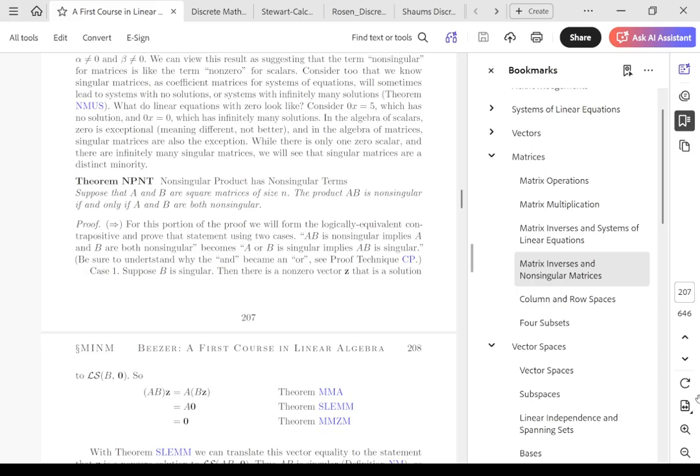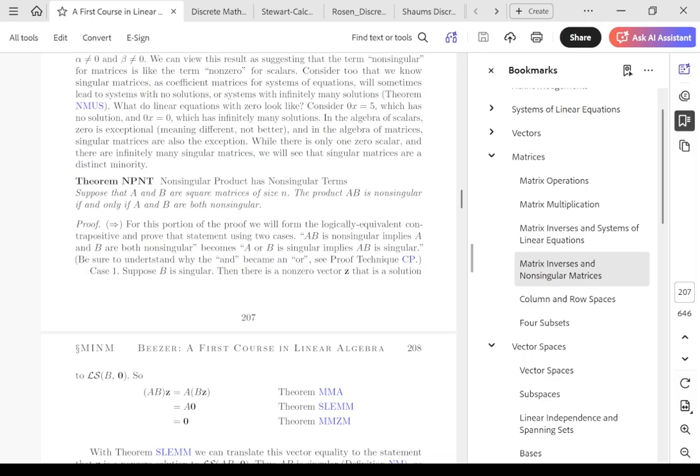Here I'm looking at theorem NPNT, non-singular product has non-singular terms. It says suppose that A and B are square matrices of size n. The product AB is non-singular if and only if A and B are both non-singular.